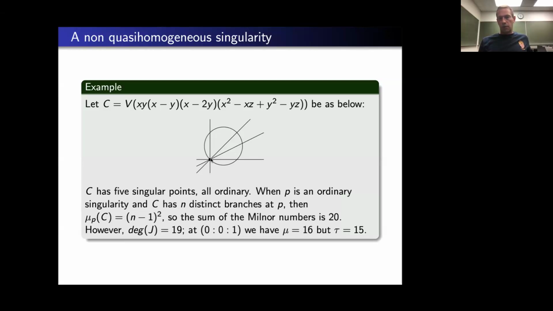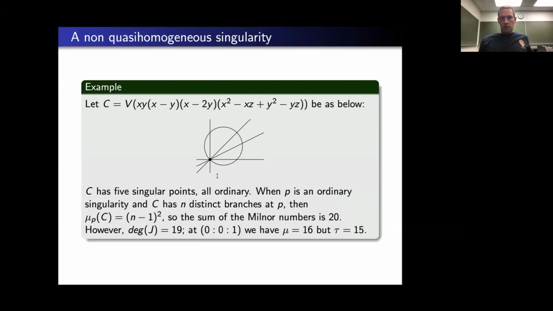So the sum of the Milnor numbers is 20. But you can compute using any computer algebra system that the degree of the Jacobian ideal is 19, which means in particular that even though the Milnor number at that singularity is 16, the Tjurina number is 15. So this point right here is not a quasi-homogeneous singularity. Again, what's the takeaway? You cannot understand this quasi-homogeneous condition just by looking at the singularity. It's a very subtle point.